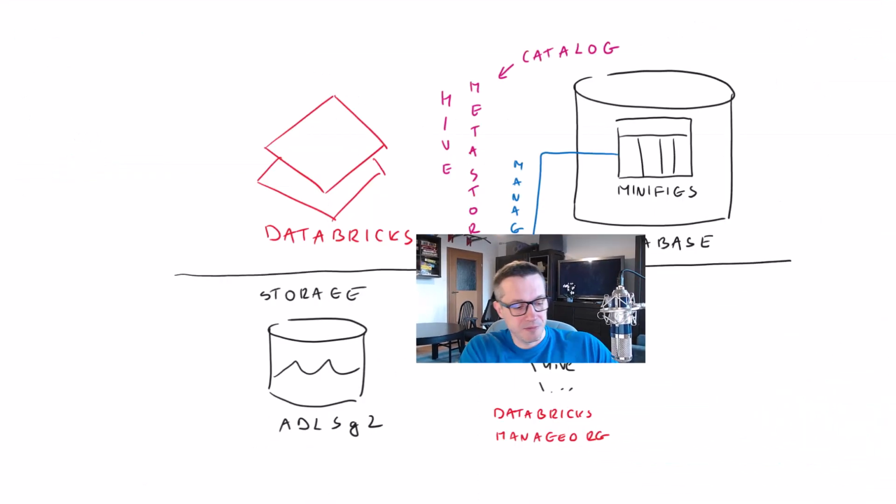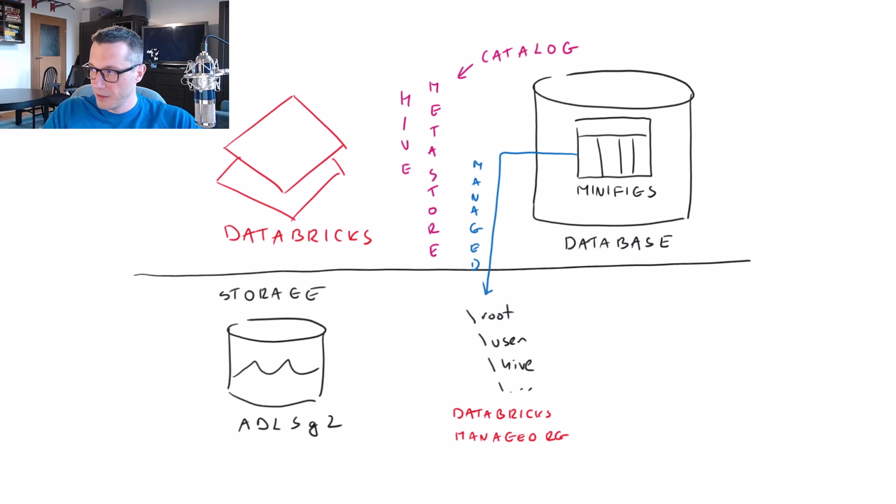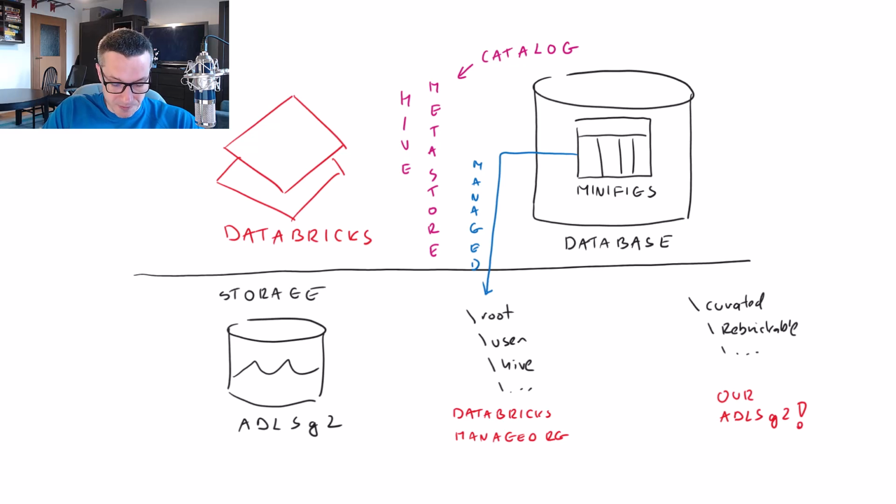So let's revisit our diagram and let's add our external table option, which is preferred. So this time we saved the data in our data lake under curated directory, then replicable, and so on. But this time it was our data lake, which is the preferred option, and it is called external table.